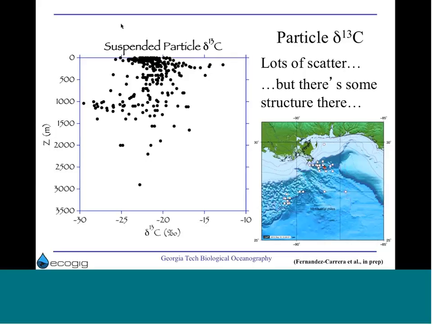So we use the 1% light level, the depth at which light decreases to 1% of its surface value, as a rough index to the part of the water column where photosynthesis is a viable strategy for making organic matter. Now, in the Gulf of Mexico, there's enormous variability in the depth of the 1% light level.